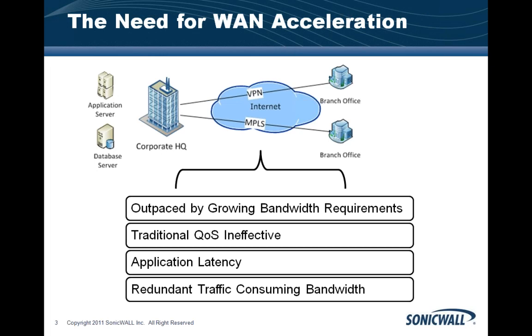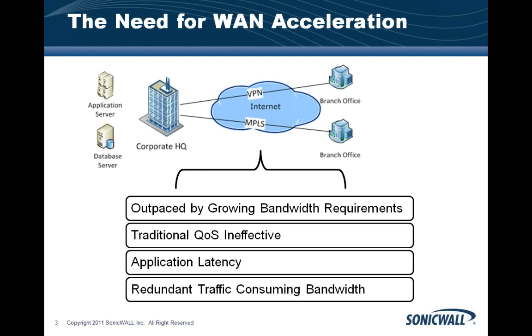If you look at some of the needs of why companies are looking at WAN acceleration technologies, if you look at branch offices connecting back to the corporate office either via a VPN or MPLS link circuit, a lot of the challenge that companies have today is outpaced growing bandwidth requirements, meaning that the bandwidth requirements that companies have today, especially around their branch offices, are really outpacing the capabilities of their internet circuit.